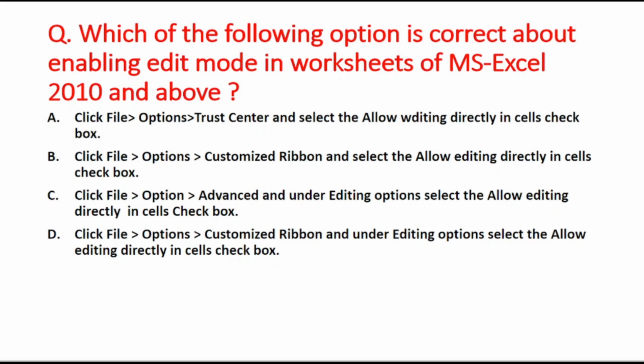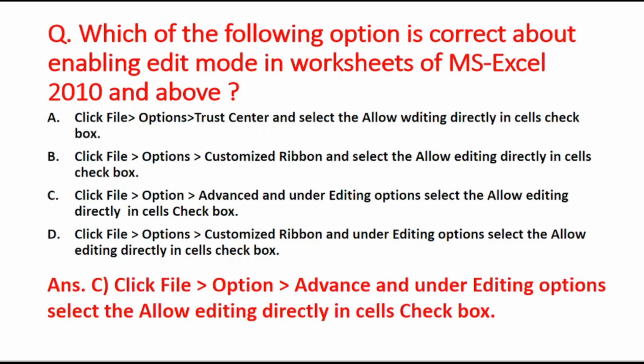C option is, click File, then Options, then go to Advanced and under Editing options select the Allow Editing Directly in Cell checkbox. And D is, click File, then Options, then Customize Ribbon and under Editing options select the Allow Editing Directly in Cell checkbox. So the right answer is option C, that is click File, then go to Options, then go to Advanced and under Editing options select the Allow Editing Directly in Cells checkbox.